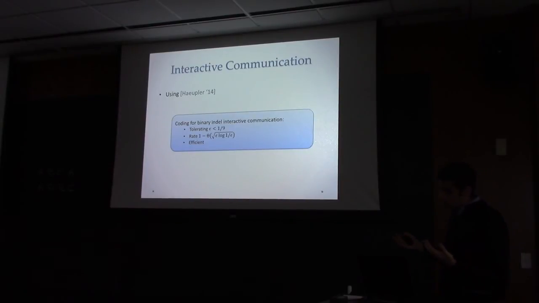And this is actually an improvement over the previous work in all these three aspects: in terms of the maximal error that it can tolerate, having a rate which approaches 1 as epsilon goes to 0, and being efficient.